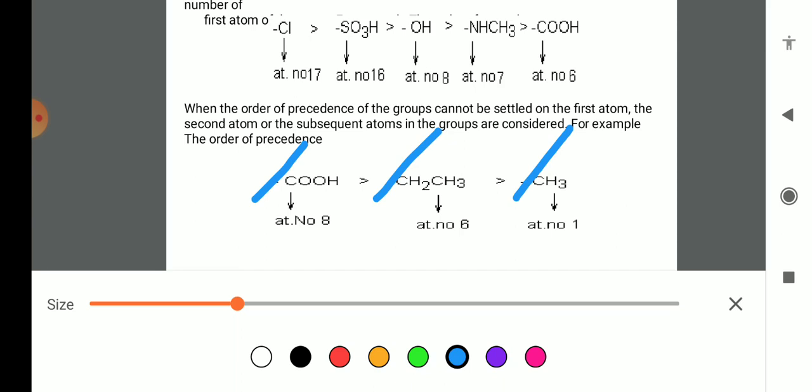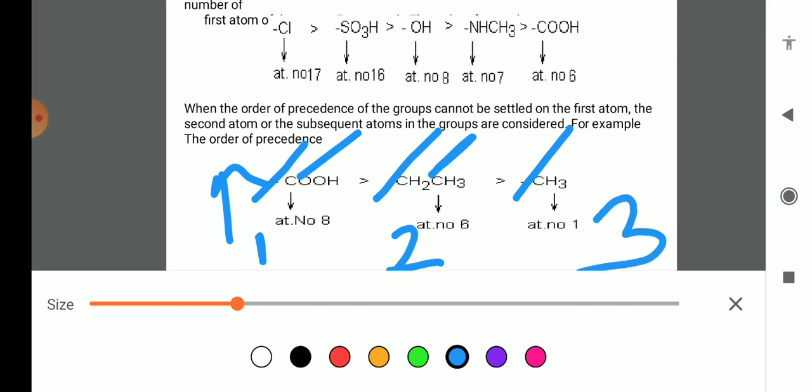The second atom is oxygen, number 8, so it gets the higher priority. This is CH2, then the C is 6, so it gets priority number 2. And hydrogen is in periodic position number 1, so it gets the lowest priority, number 3. So the COOH group has the higher priority.